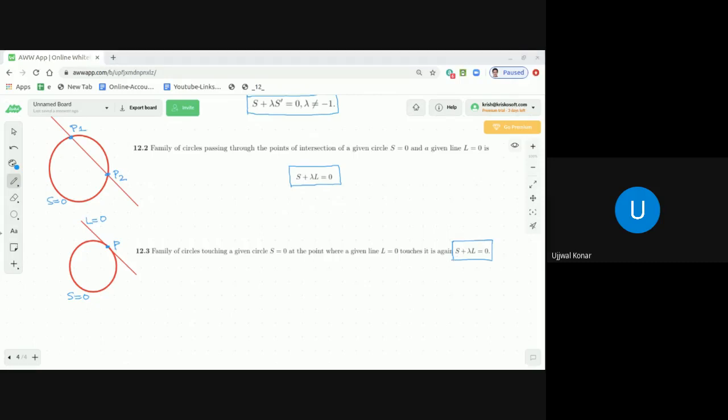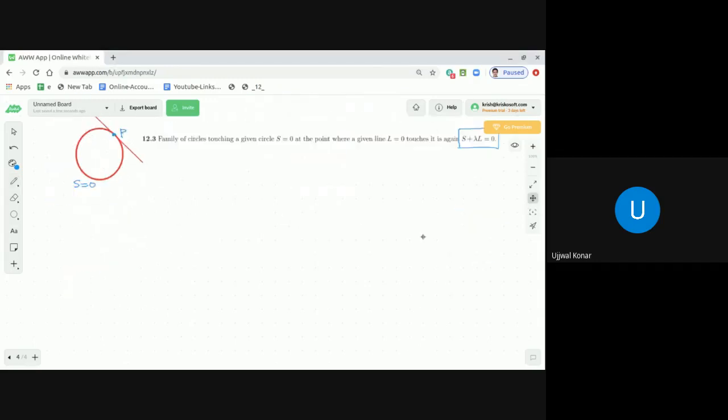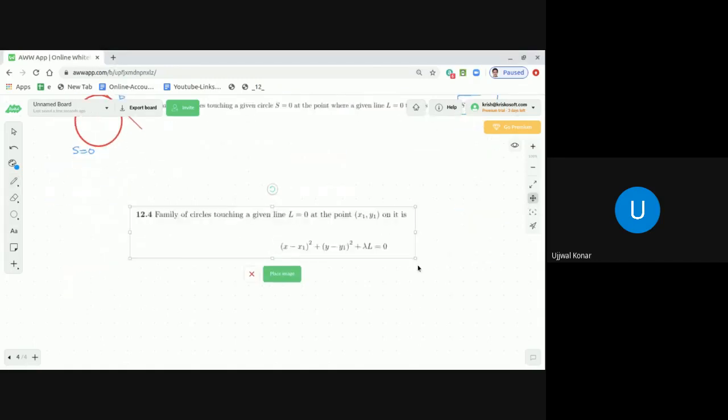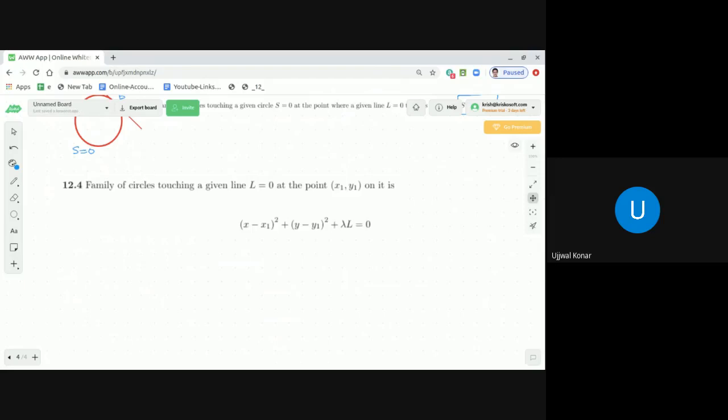The next point, dear students, is the family of circles touching a given line L equal to 0 at the point x1, y1 on it. Let me write it down. The family of circles touching a given line L equal to 0 at the point x1, y1 on it is (x minus x1) square plus (y minus y1) square plus lambda into L is equal to 0.